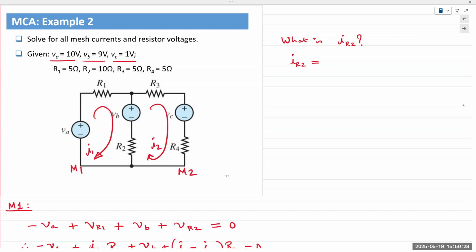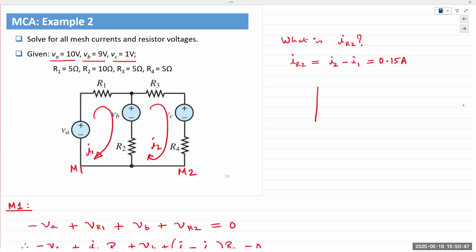I2 is larger. And so this is I2 minus I1. 0.65 minus 0.5 gives us 0.15 amps flowing in the upwards direction.